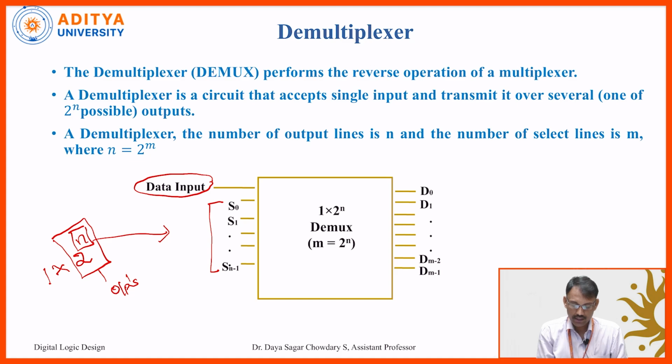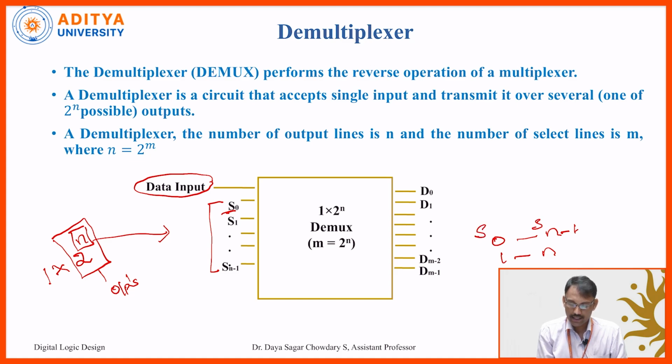Most of the time we count selection lines from 0 to n, but here we take 1 to n. If we start from 0, then it is n minus 1, so the selection lines run from S0 to Sn minus 1.